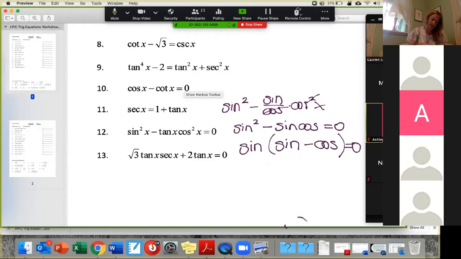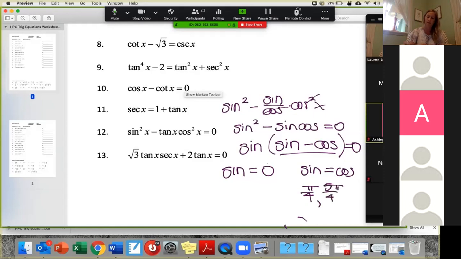Once I set my factors equal to 0, that's sine equals 0, and sine minus cosine equals 0, I would move the cosine to the other side because this would essentially just be asking me where are sine and cosine equal. Sine and cosine are equal at pi over 4 when they are root 2 over 2. Also in quadrant 3 when it's 5 pi over 4 because they would both be negative.